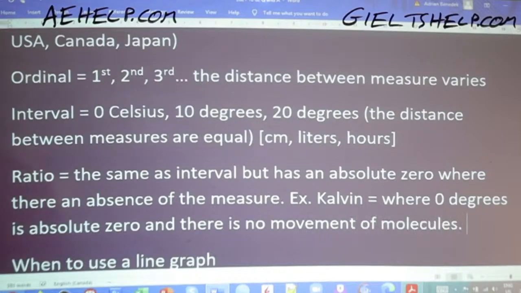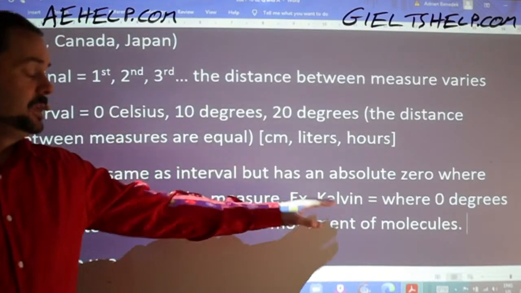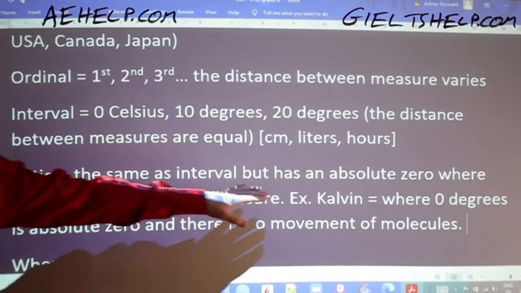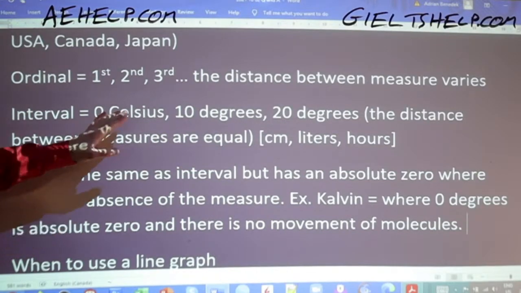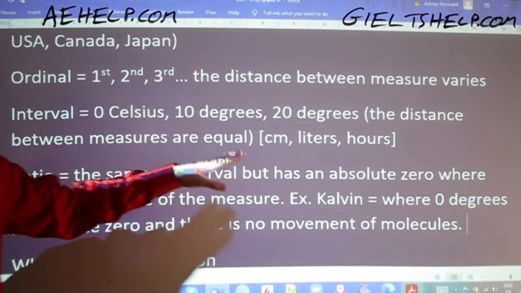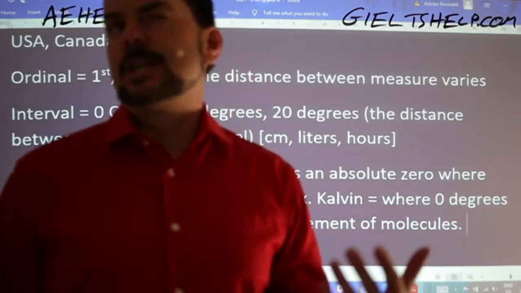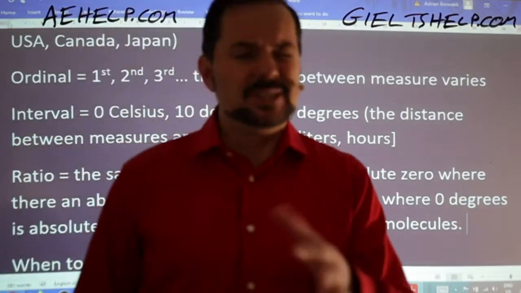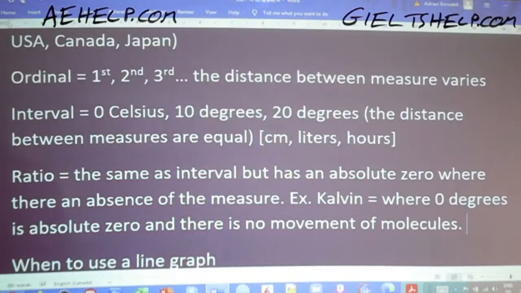Kelvin measures temperature just like Celsius, but Celsius measures according to the freezing point of water, and Kelvin measures according to absolute 0, which is, I think, minus 278 degrees. I'm not a science major, so I wouldn't know too much about that.